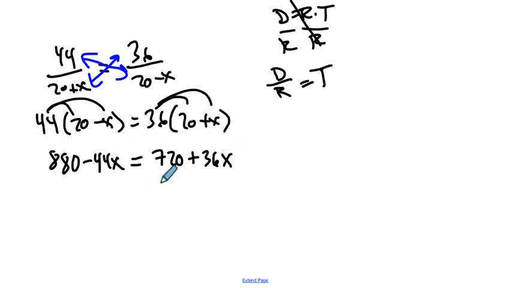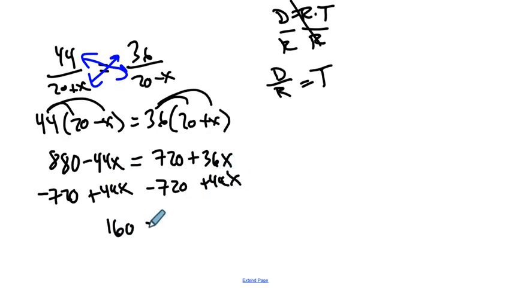I'm going to solve for x here, so I'll subtract 720 from both sides and add 44x to both sides. I'll just do it all at once. So I get 160 is equal to 80x.